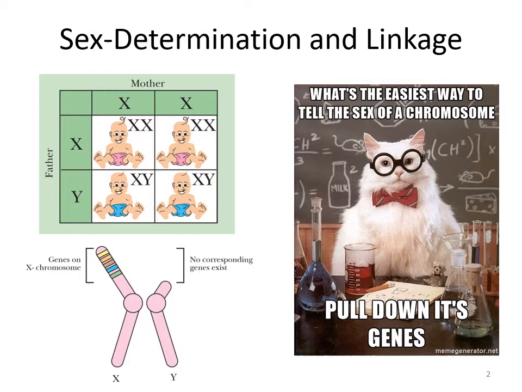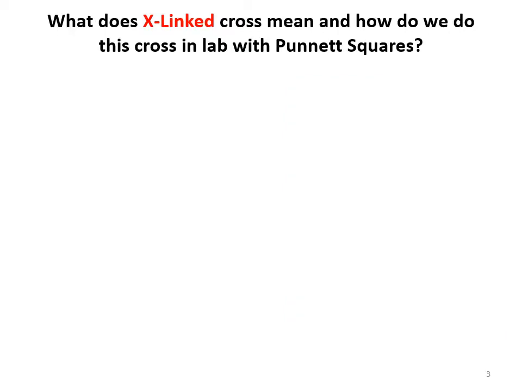Now keep in mind that then affects organisms when we map out inheritance, because you'll notice the difference in these two possible genotypes. You know, the organisms that get 2 copies of an X and no Y, and the organisms that get 1 copy of an X and 1 copy of a Y. So when we look at an X-linked cross, first of all, what it means is that we are going to be studying a trait for which the genes are found on the X chromosomes.